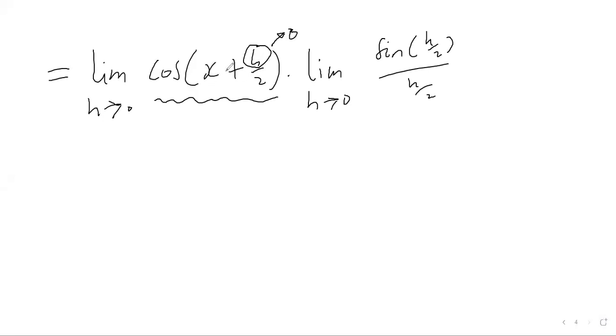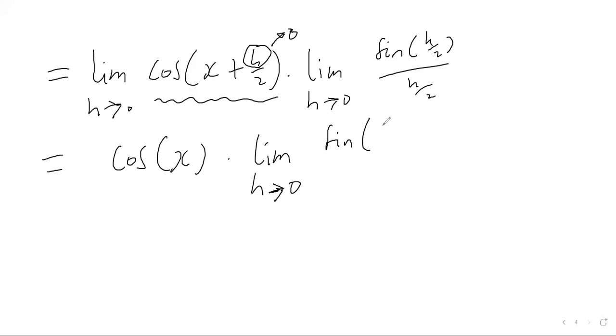And so x plus h over 2 is going to get close to x. And so this first limit is just going to be cos of x. So we're going to get cos of x there, multiplied by the limit as h goes to 0 of sine of h over 2 divided by h over 2.